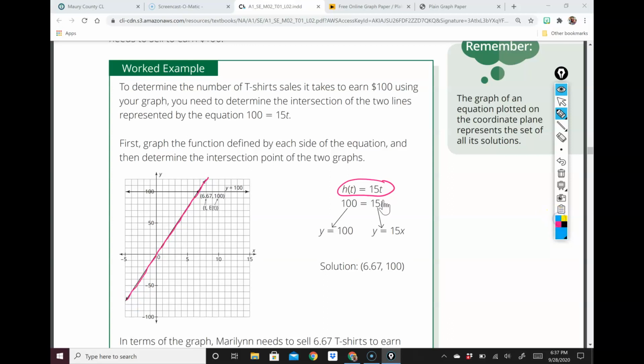And then we have your flat line, y equals 100, graphed here. And where they intersect is this point right here. In terms of the graph, Marilyn needs to sell 6.67 t-shirts.